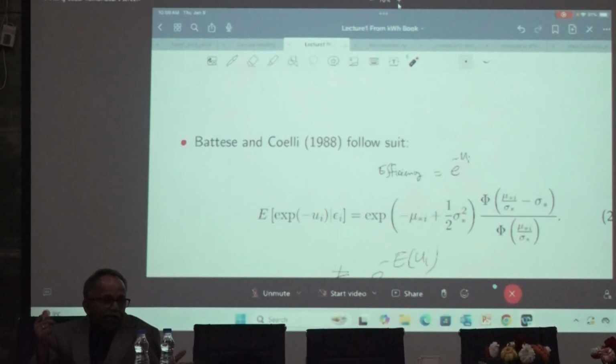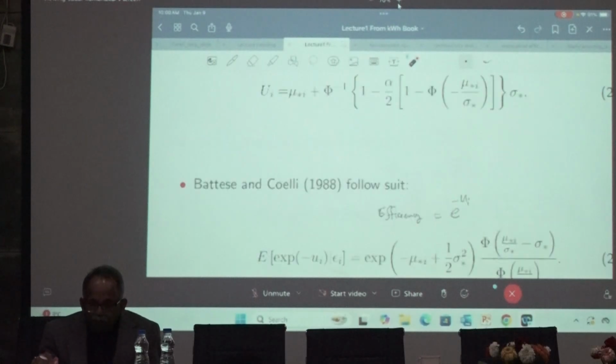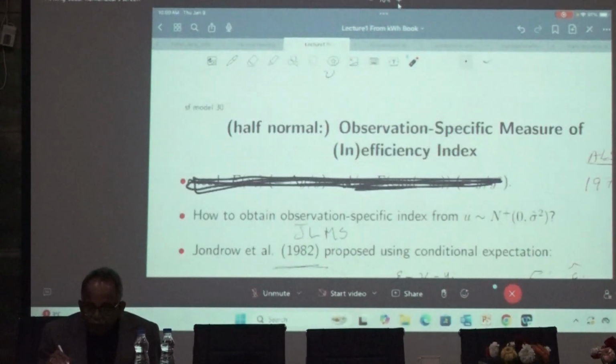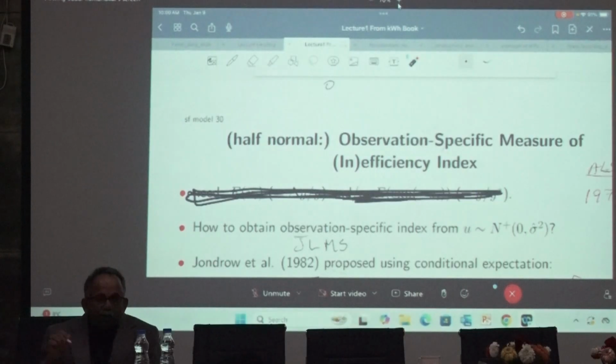If I get a number like 0.6, I know that the person is only 60% efficient. Whereas inefficiency can be between 0 and infinity, so if we get a number bigger than 1, sometimes we have difficulty interpreting. This is the reason why the Battese and Coelli measure is more popular than the other formula that I showed, which goes by the name JLMS, for Jondrow, Lovell, Materov, and Schmidt. There are four people who proposed this method.